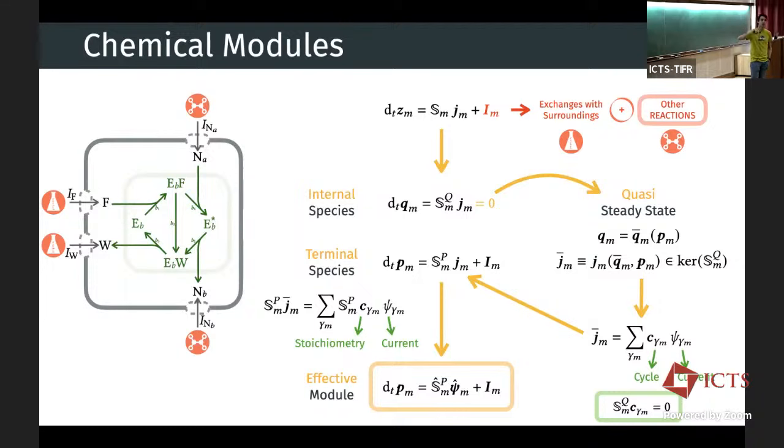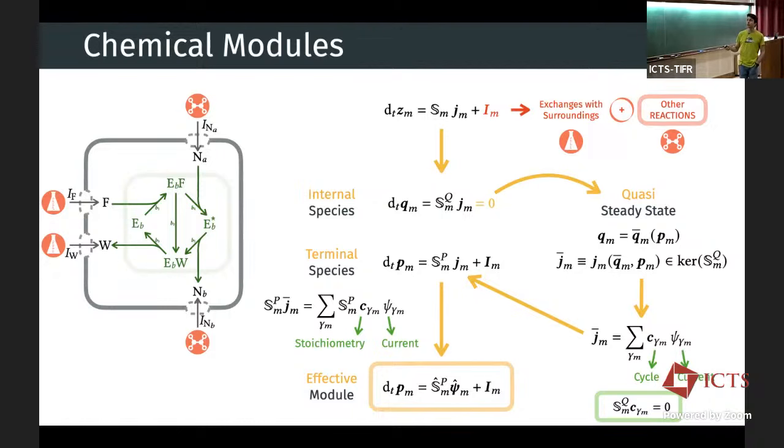Exactly with the idea of saying, okay, we are at steady state, so the current is a linear combination of cycles, and these coefficients of the linear combinations are in general functions of the concentrations of the terminal species. And when we plug this in the rate equation for the terminal species, this is the same kind of expression Massimiliano was showing yesterday.